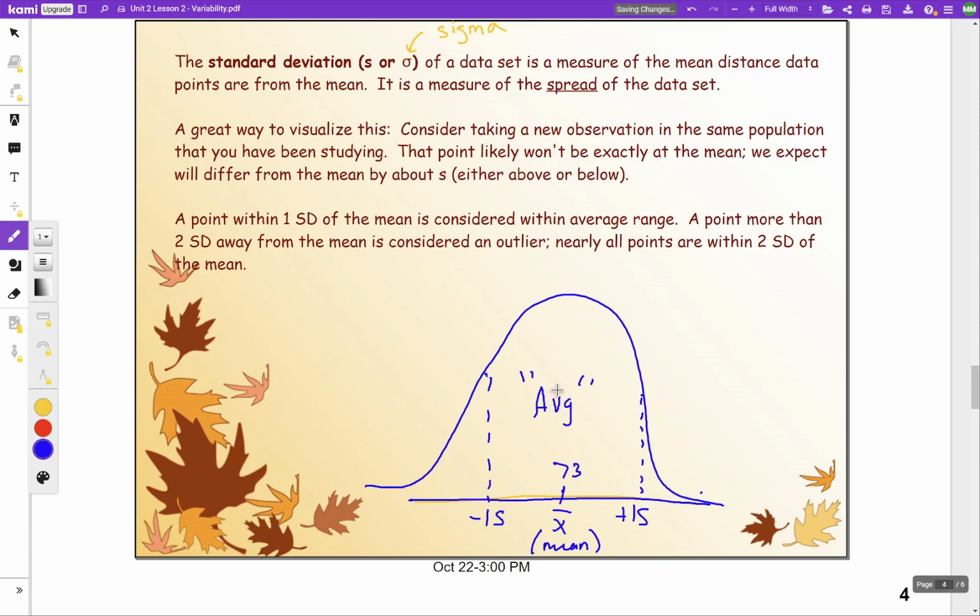But average, or what we would consider to be average, is close to the mean, but is some range around it. That range is marked off by the standard deviation. So, for example, the average is 73. A student gets a 75 on the test. Would you consider that above average?